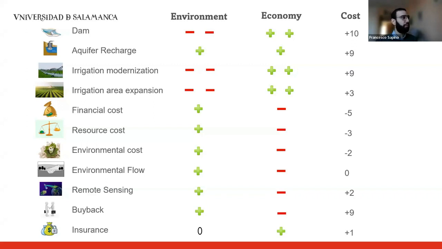The first example, the dam, of course comes with a high cost. It will have a good impact for the economy because we will have enough water in the longer term, but it comes at the cost of a high environmental cost.